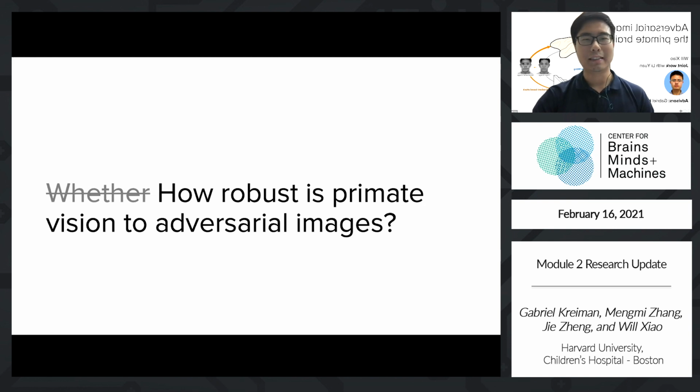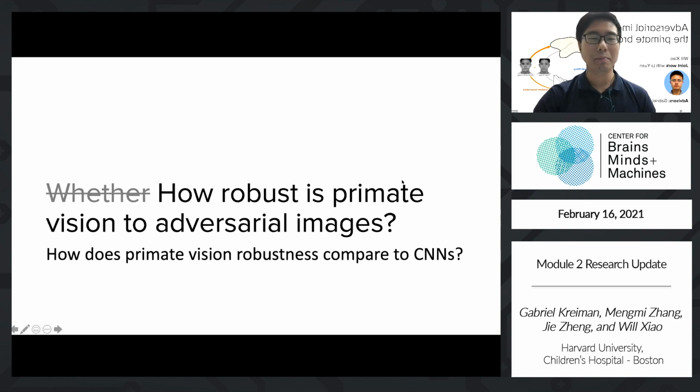And here small is defined relative to trivial methods, such as just replacing the image. Meanwhile, however much perturbation it turns out we need, I think it will be interesting to compare that amount to what's needed to attack convolutional neural nets, both naive and adversarially robust ones, because I think that will be a useful benchmark for both computer vision and for models of the brain.